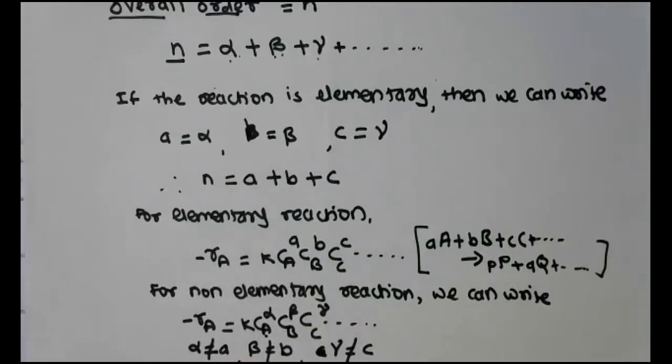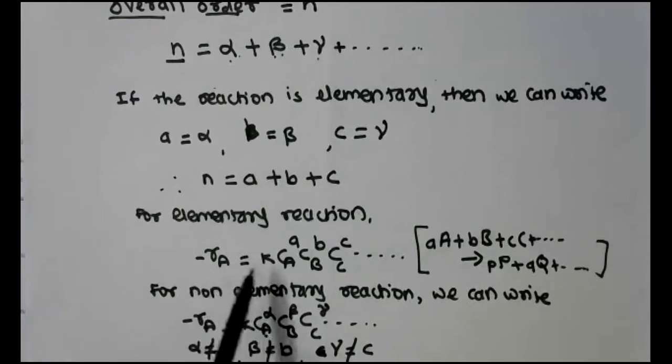So we will now try to understand. I told you in the beginning about the unit of rate constant, and I told you that the unit of rate constant cannot be directly decided because it depends upon the order of reaction, right?